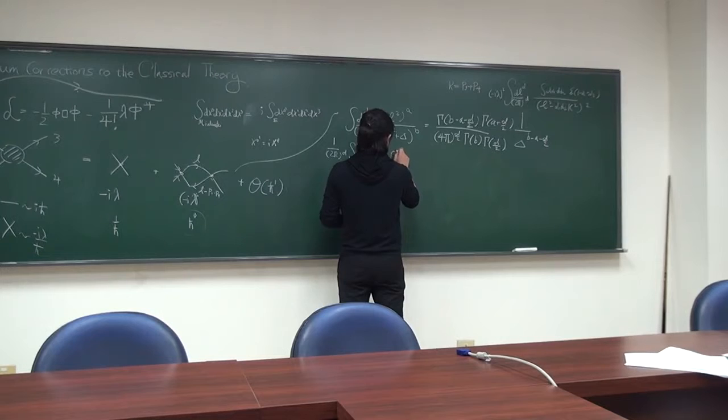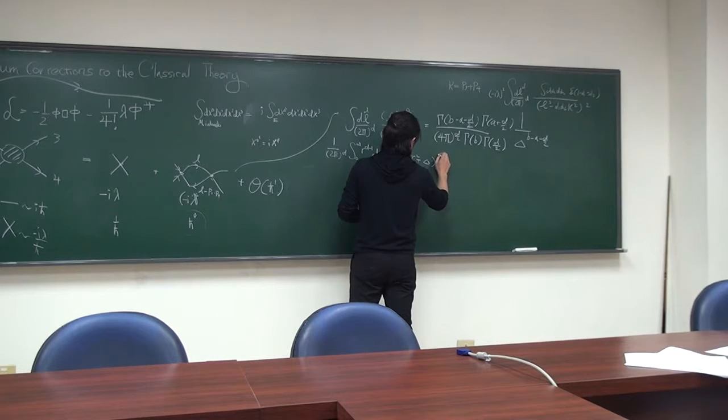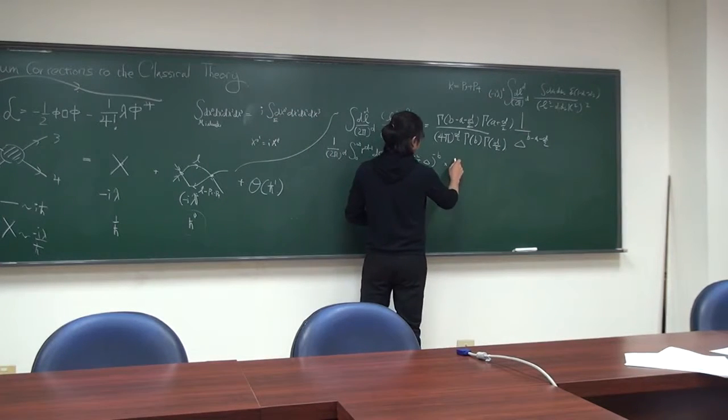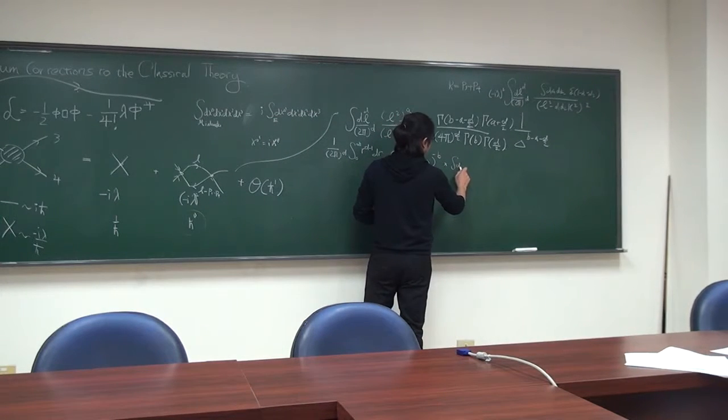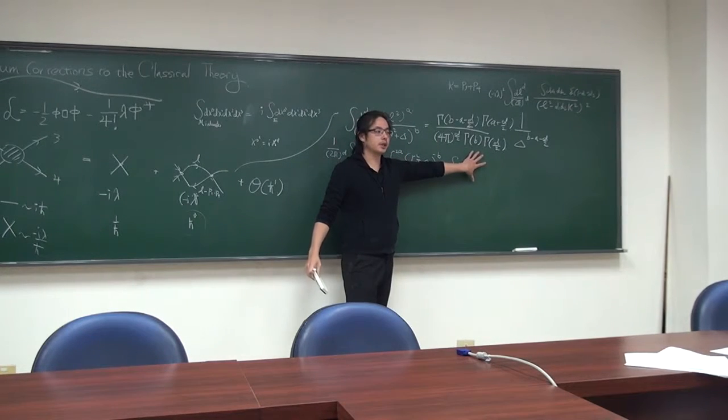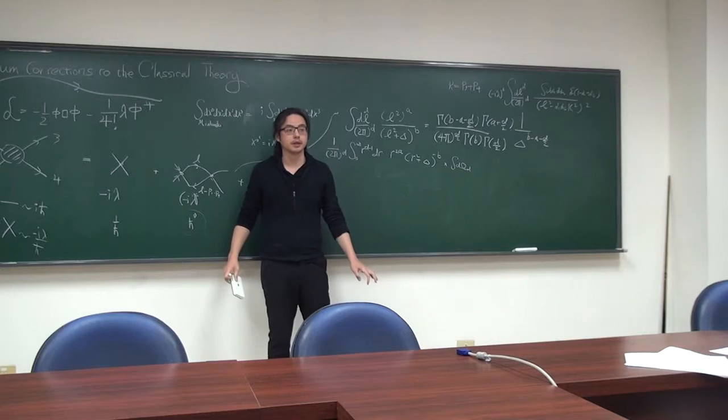This is just r squared to the a, and then r squared plus delta to the minus b. Okay, and then you need to multiply this by a separate factor, which is just d omega, where this is just integrating over the spherical coordinates in d dimensions. Okay.